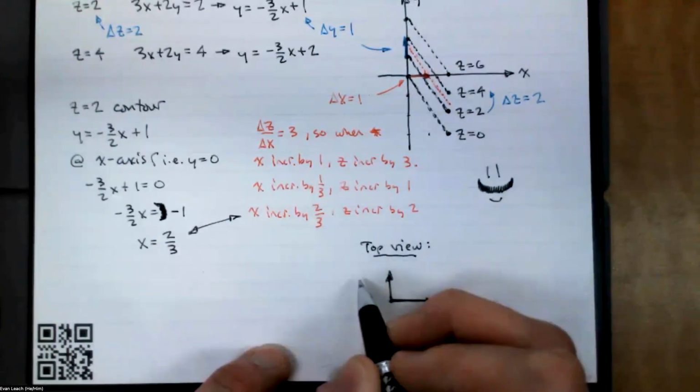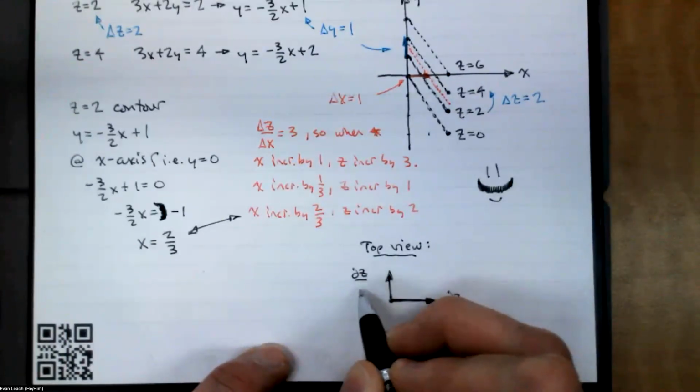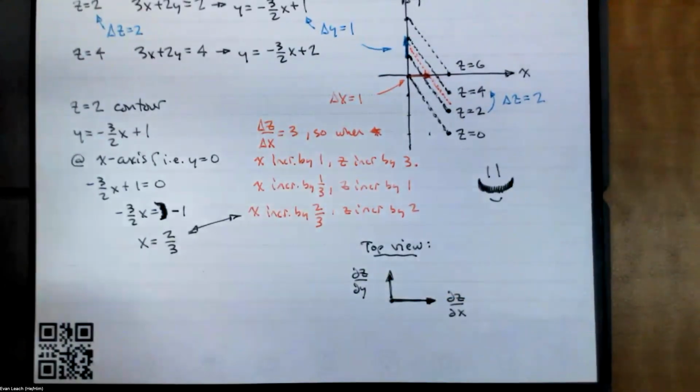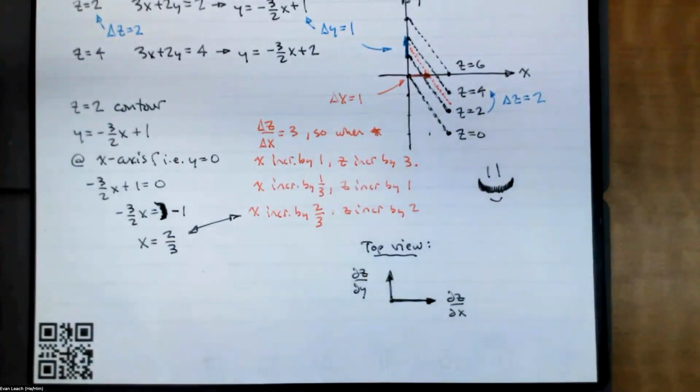And sorry, and dz dy. We have two different partial derivatives. So instead of just saying with respect to x, we might say in the x direction, because that's how it's tilted in the x direction. Okay.